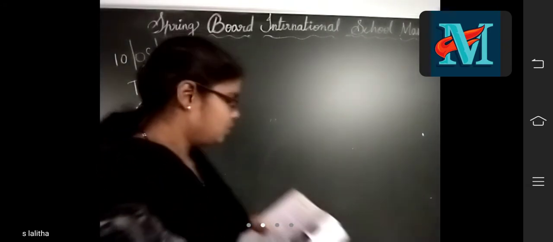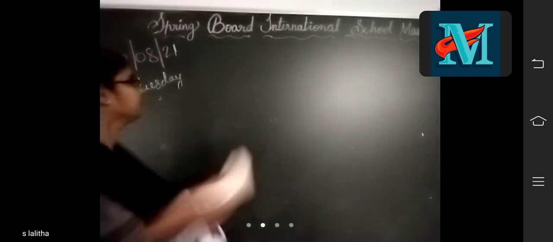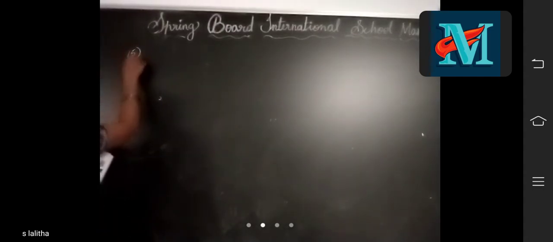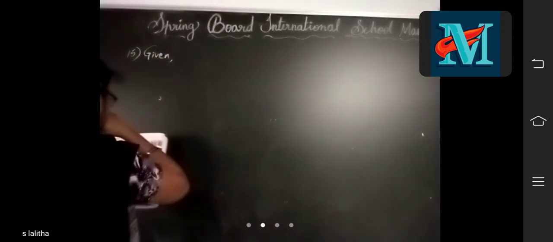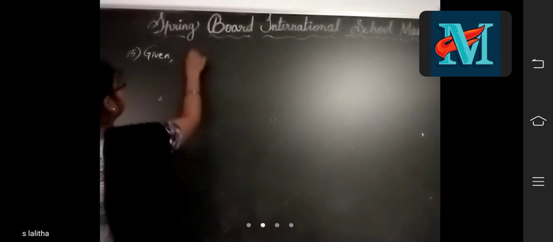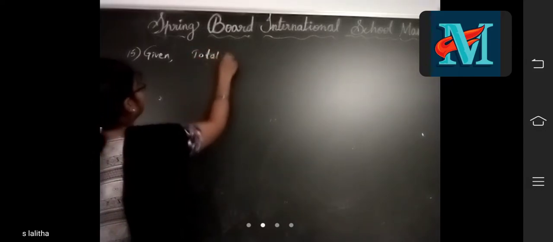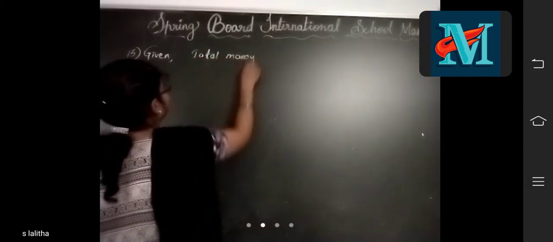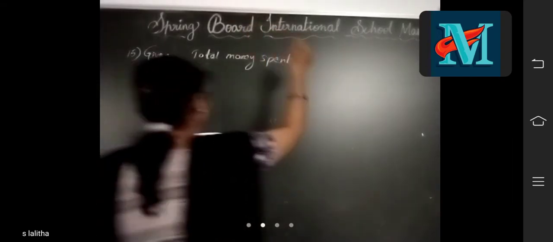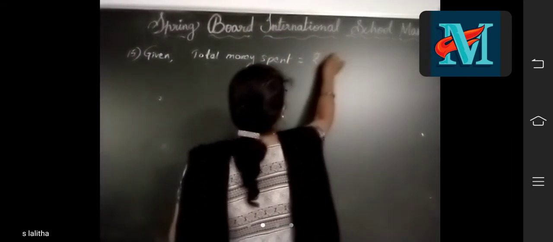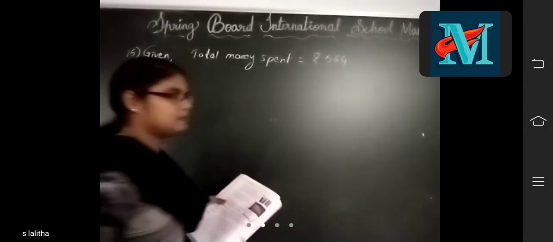Okay, ma'am. So first what should you do, ma'am? What is given here? Given: total money spent is 564 rupees.